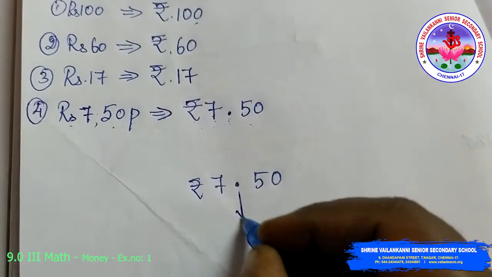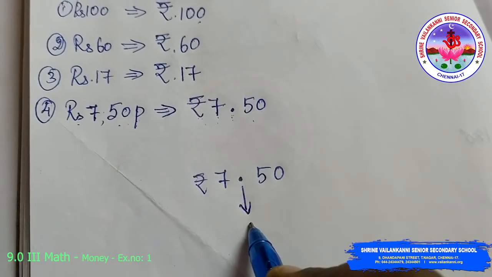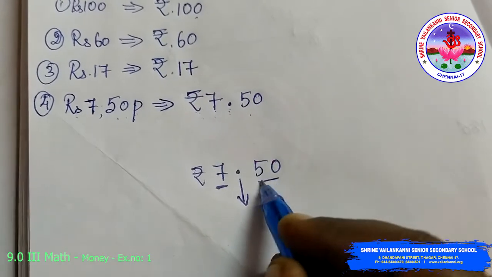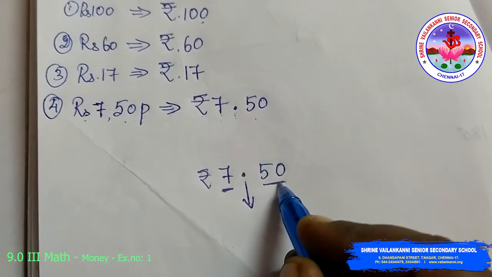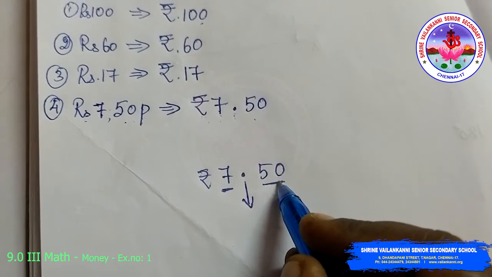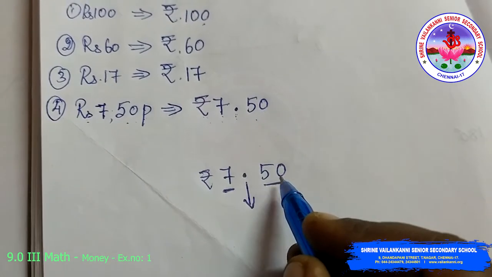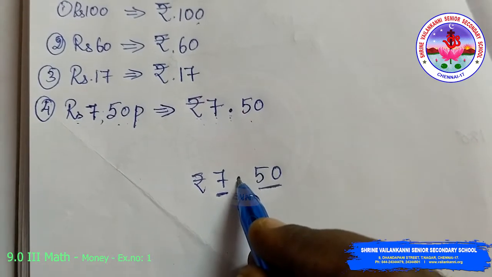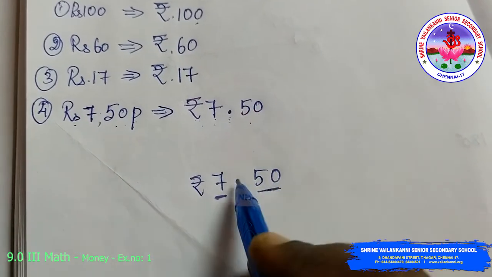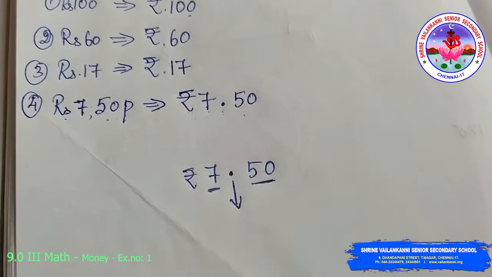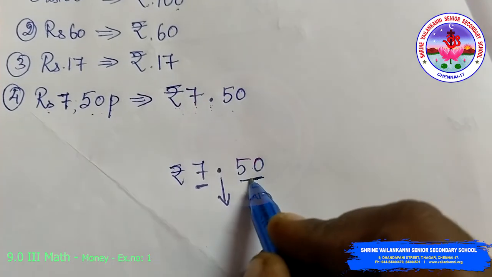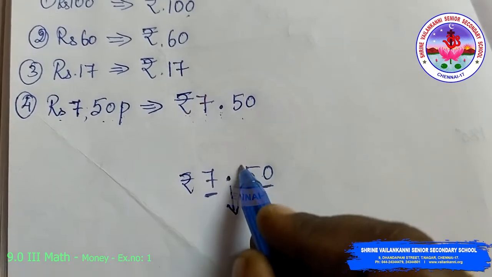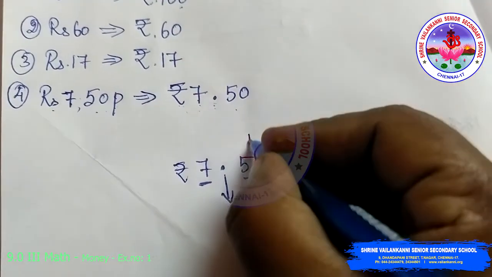This is the dot which separates the rupees and the paise. The numbers towards the right side of the dot show the paise. After this decimal, on our right side, it always denotes paise.